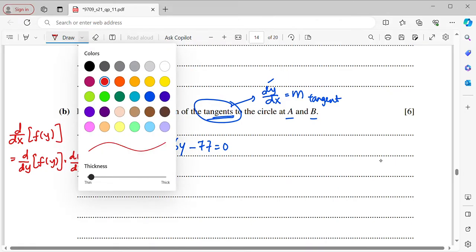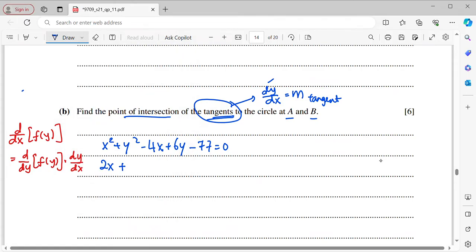So differentiating y squared gives 2y, then times dy/dx. For the next term, differentiating minus 4x gives just minus 4. The fourth term, 6y, becomes 6 dy over dx. 77 becomes 0. Then at last, it will be 0.